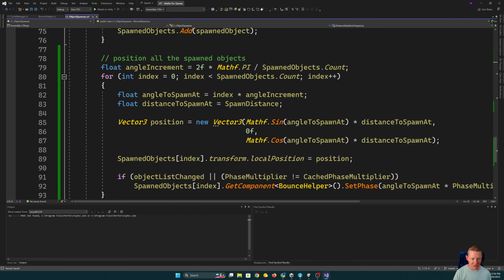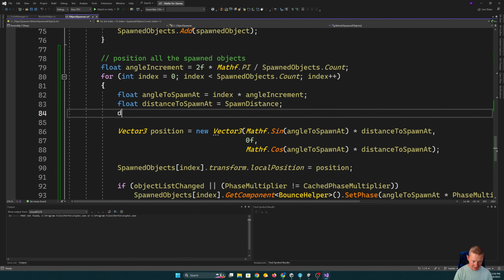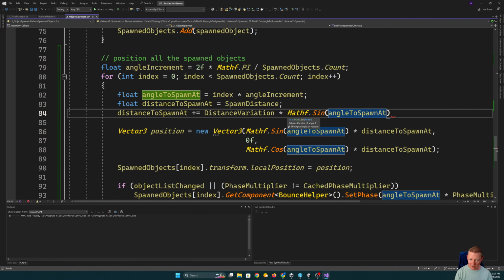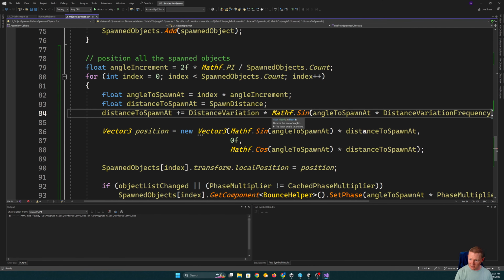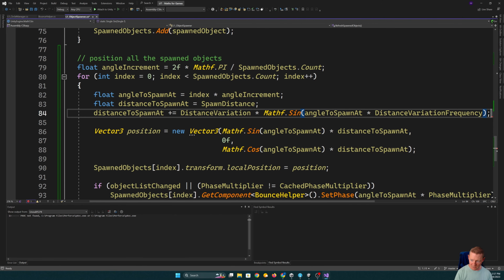So what I can then do is take that spawn distance there, and I add to it my distance variation multiplied by Mathf.Sin of the angle to spawn at, multiplied by the distance variation frequency.